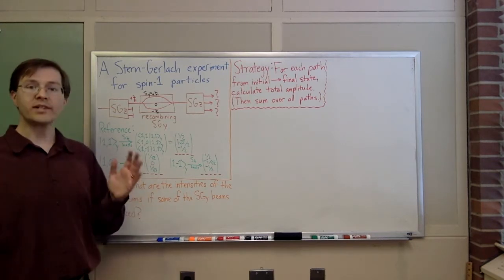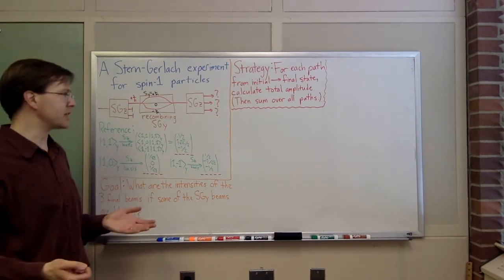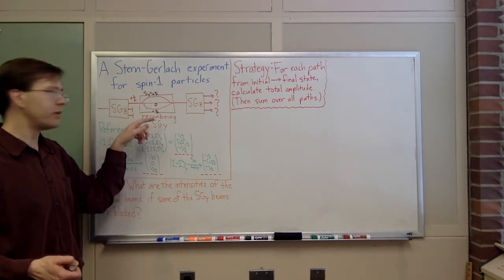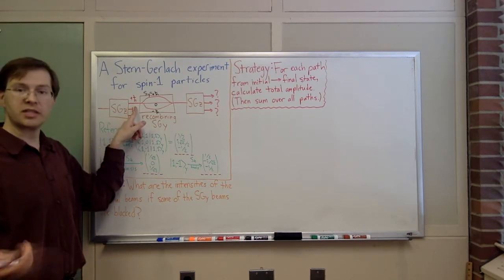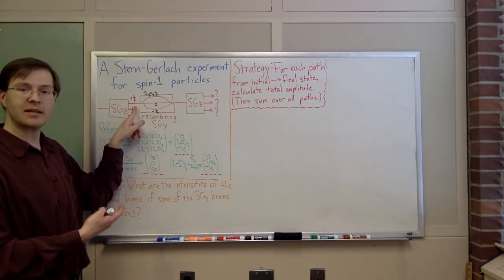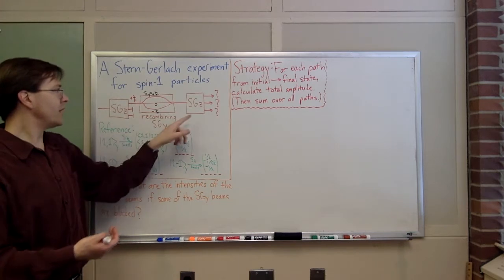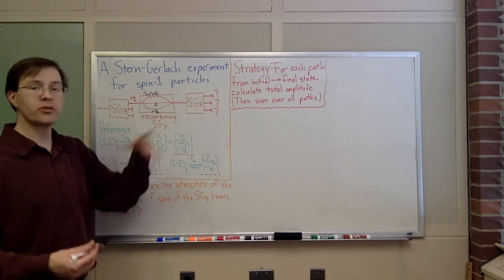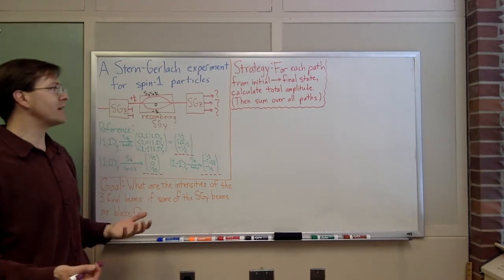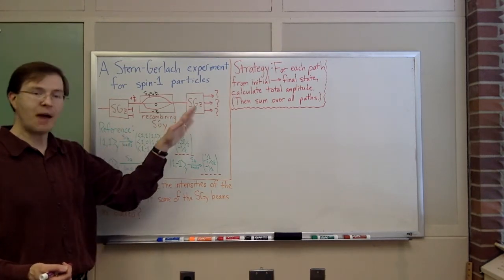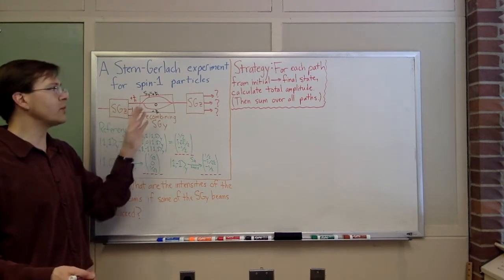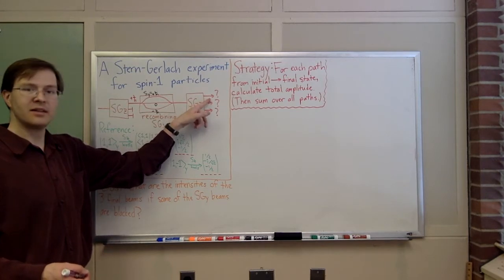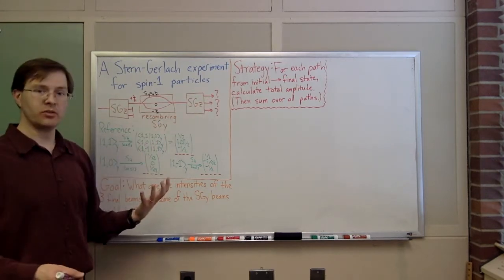All right, what's our strategy to figure out these probabilities? Our strategy is going to be about whatever paths we're allowing in the middle here. If we know our initial state, which is the plus h bar state, and we know our final state, let's just say the plus h bar state over here, then to find the likelihood of that happening, we have to find each path that would get us from the initial state to the final state, and find the total amplitude along that path.